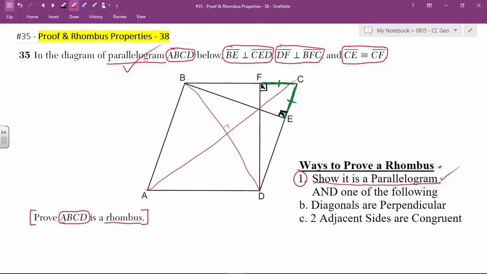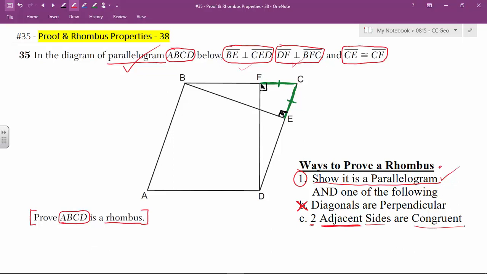And that's the trap. They give you these perpendicular statements, but a lot of people will say, oh, this is a diagonal problem. As you can see in the diagram, no diagonals are drawn in. So we're not going to use that method. We're going to do a very common method, which is to show that two adjacent or consecutive sides are congruent.